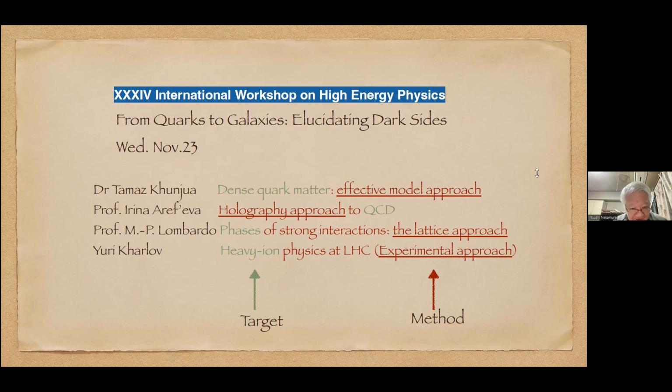The first, Thomas, discussed dense quark matter using an effective model, and I was very impressed, especially by the Nambu-Jona-Lasinio model. It's a very old model and was studied many times, many years, but it's still non-trivial, and it can provide us many insights into QCD.